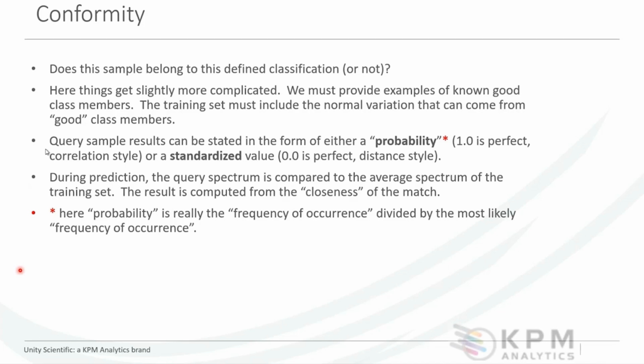So basically what this customer was doing is they were analyzing a number of samples from good mixes, from good batches. They were describing this population as a pass. And if there was ever a case where a batch was made that was missing an ingredient or two, it would fall outside of that conformity and it would be flagged as a fail. Further investigation needed.